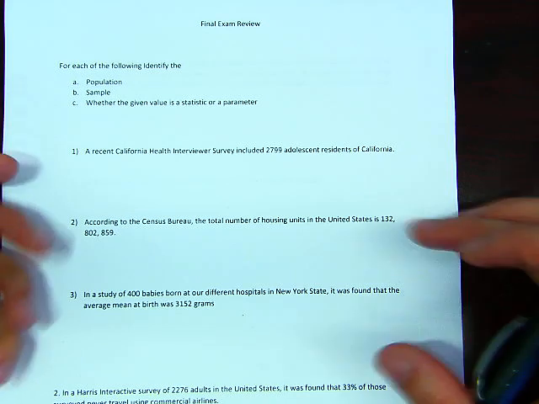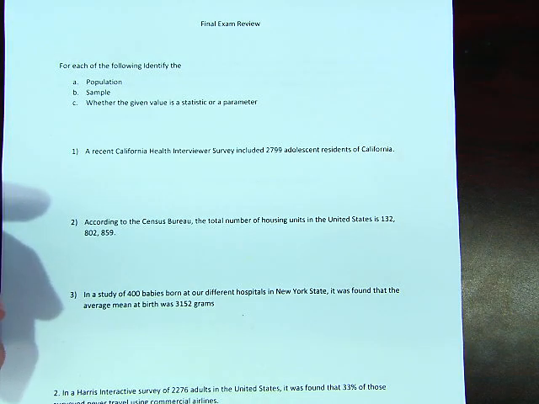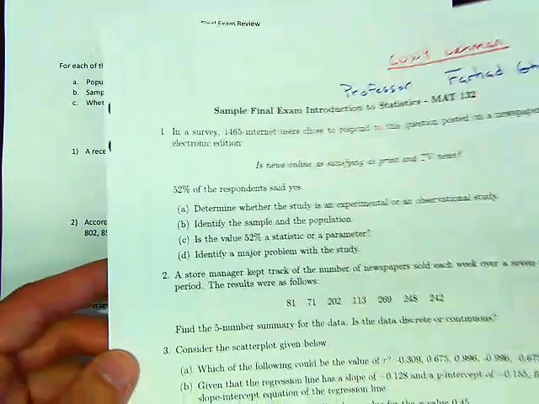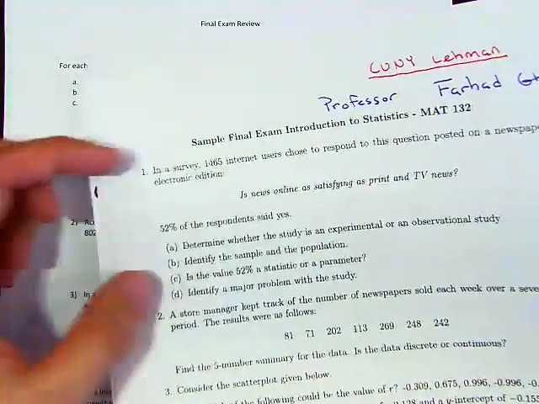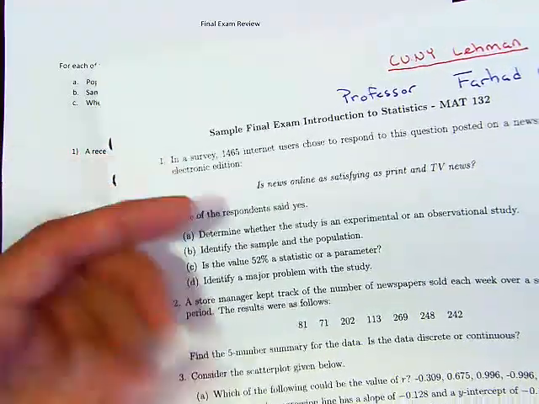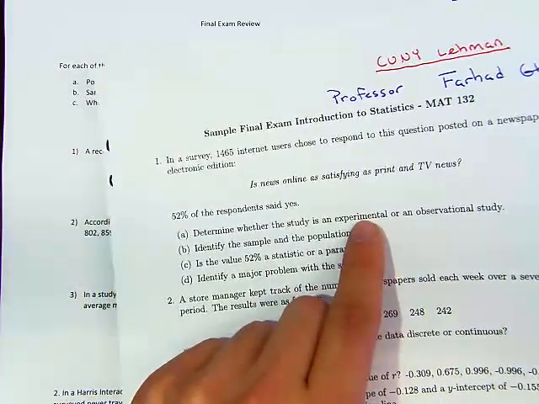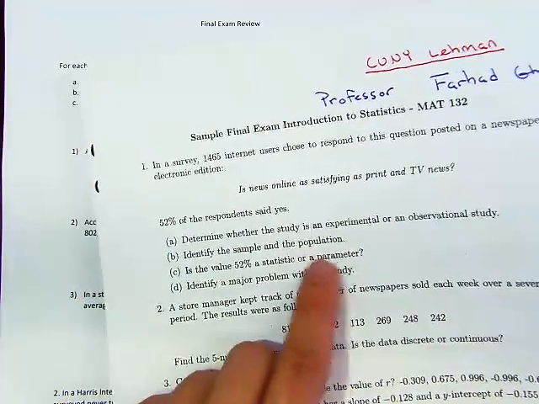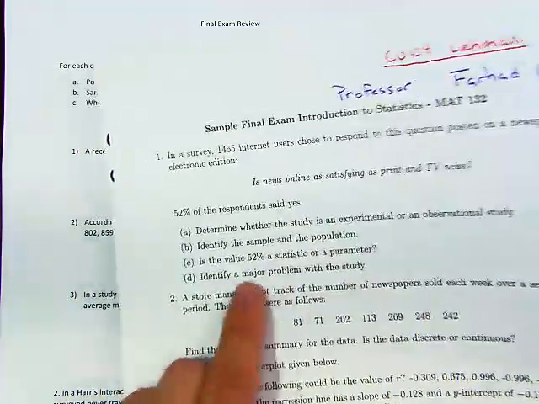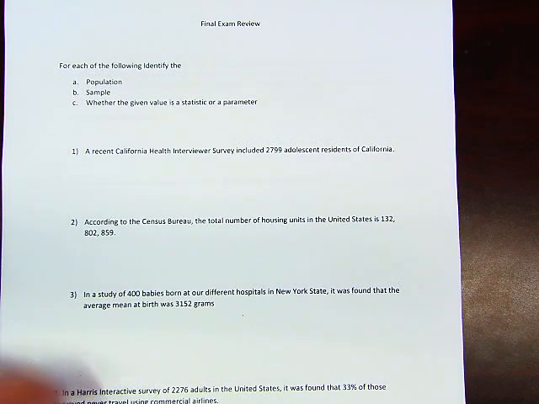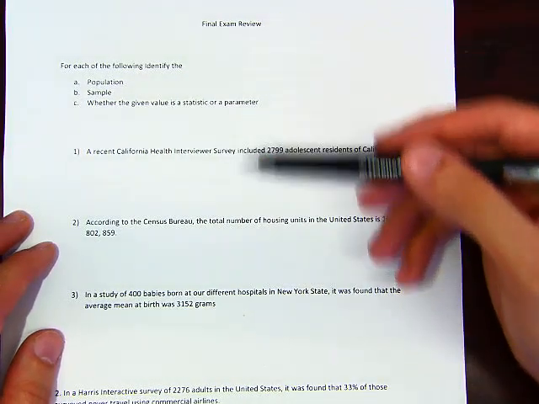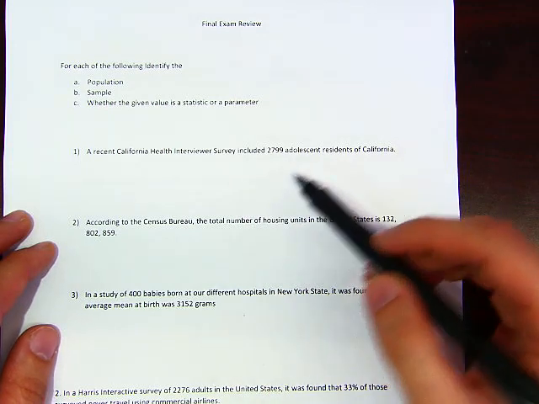These questions are designed to help you go over the ideas of experimental, observational, sample, population, statistic, parameter, and identifying a major problem in a study. So pause the video, copy these questions down, and then try to do these by yourself.